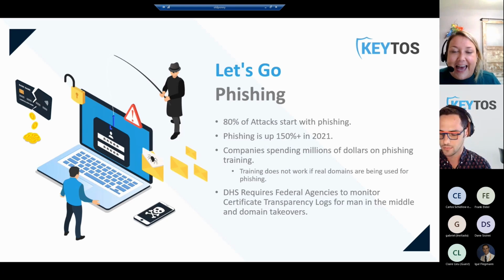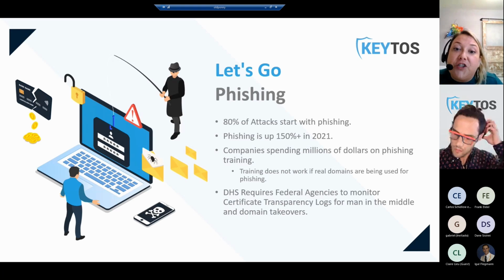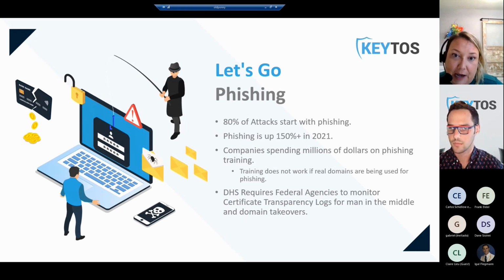What we see is that the vast majority of successes start with spoofing an end user into entering credentials on an unsafe site, right? And it's been so successful that from 2020 to 2021, phishing is up over 150%.